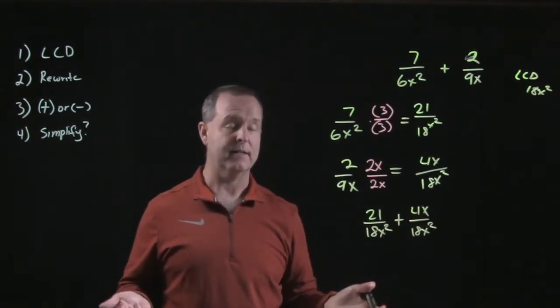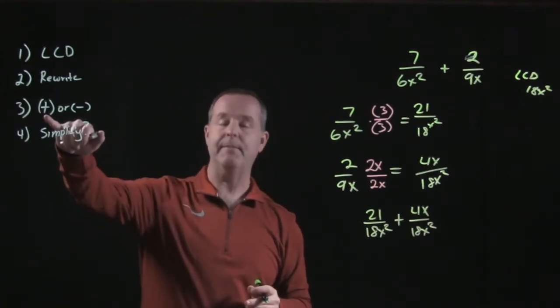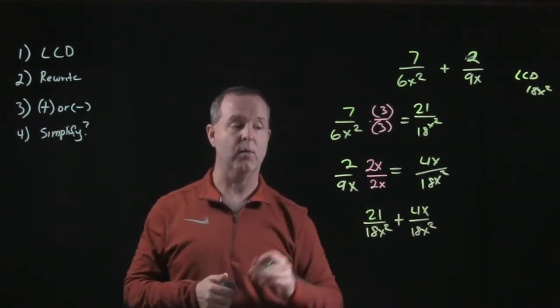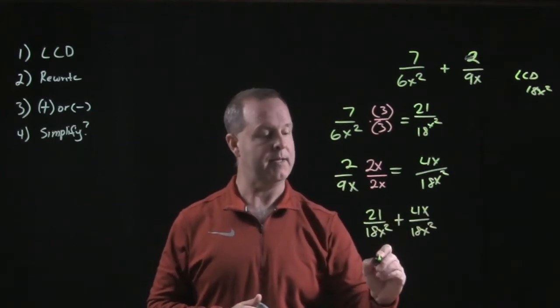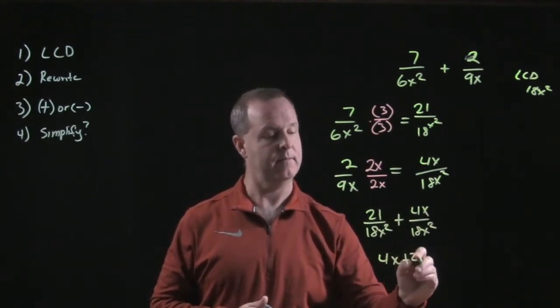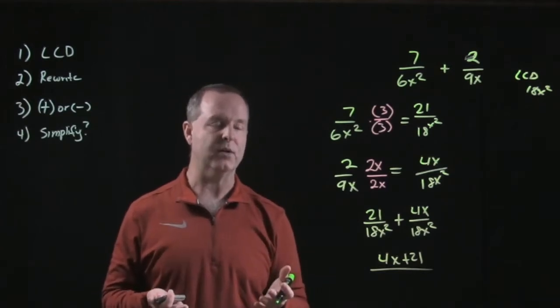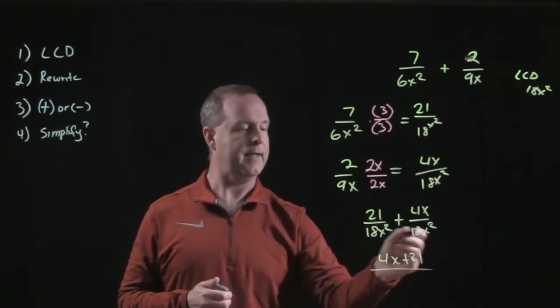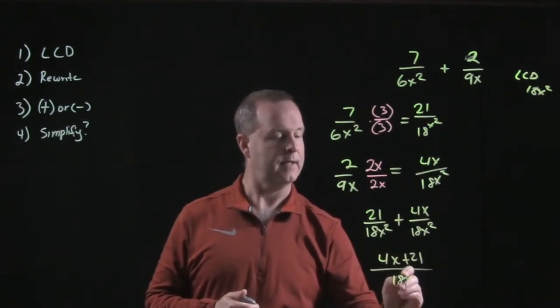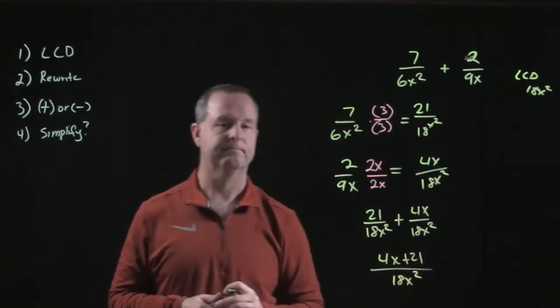There I have common denominators now. Step 3, add or subtract depending on what it's asking me to do. 21 plus 4x becomes 4x plus 21. Typically, we like to write our terms in descending order of our x's, and then over an 18x squared.